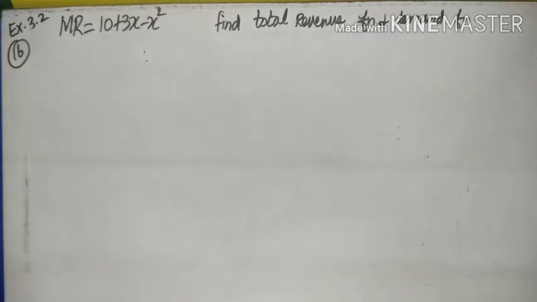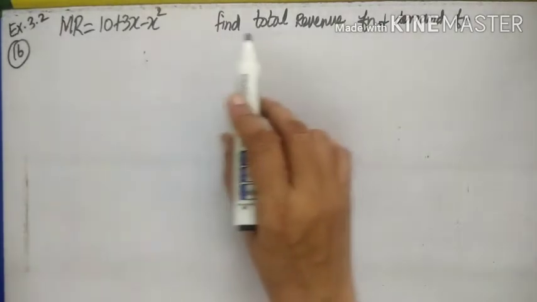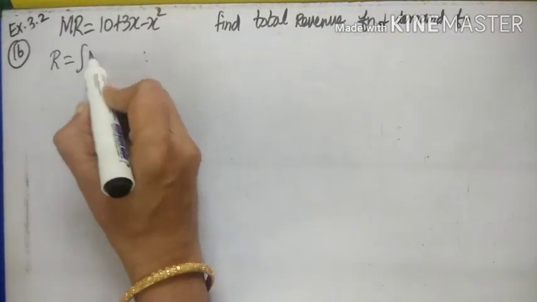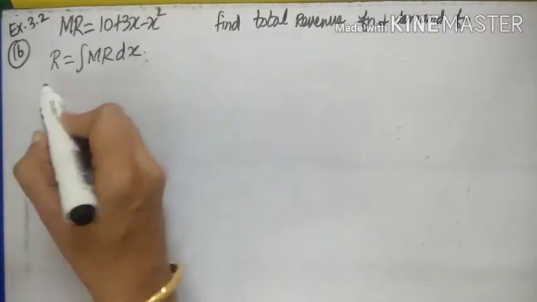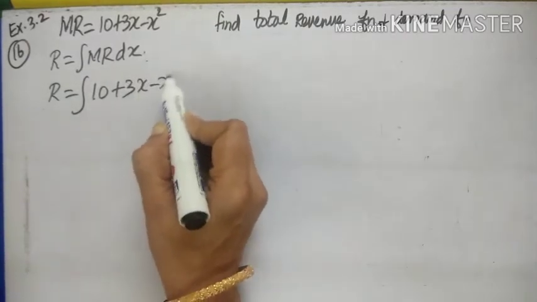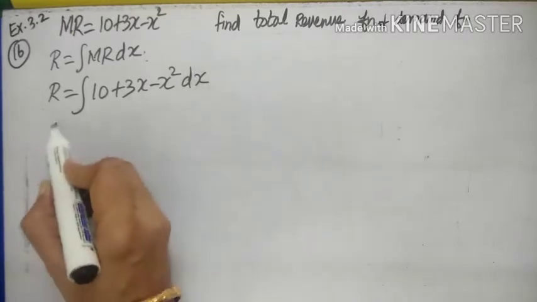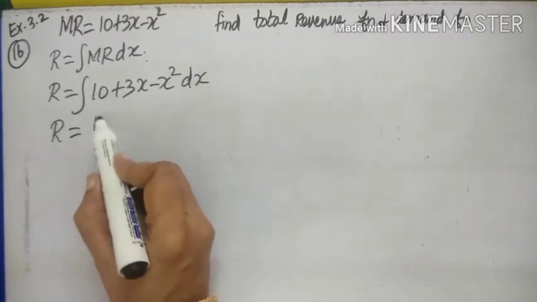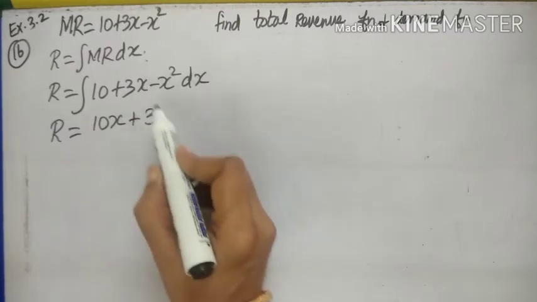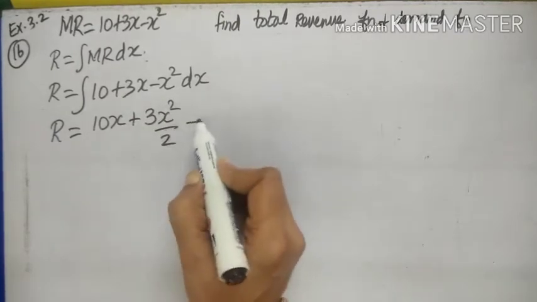Question number 16. Given marginal revenue, find total revenue and demand. R equals integral MR dx, that is integral 10 plus 3x minus x square dx. R equals 10 constant will become into x. 3x will become x square by 2.